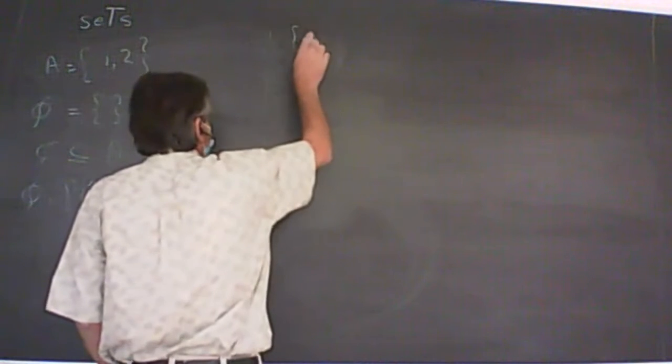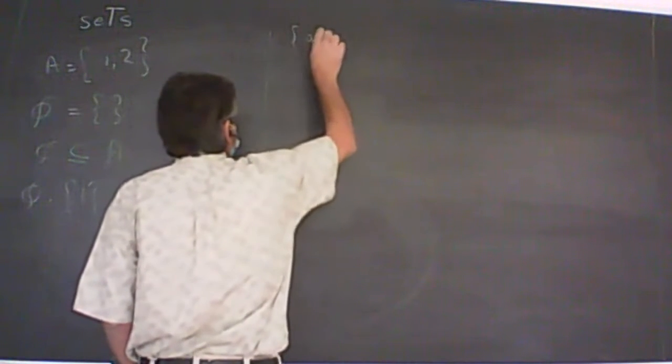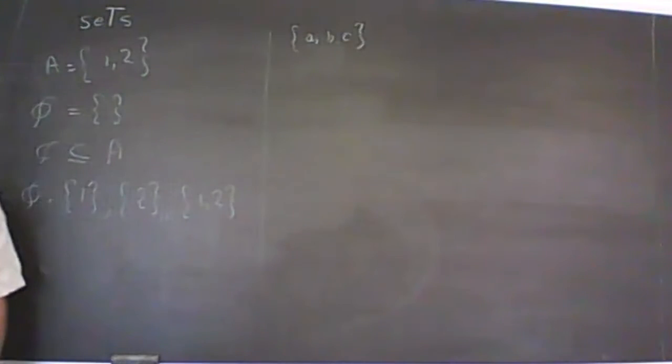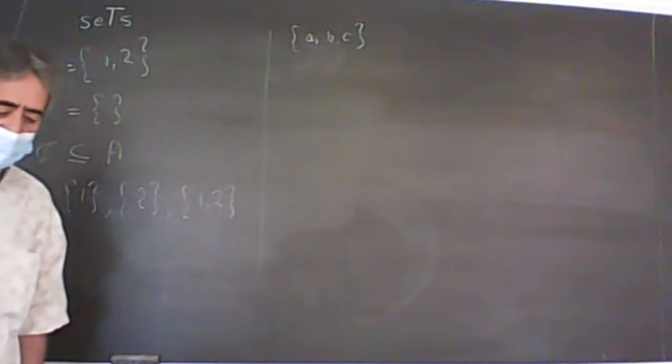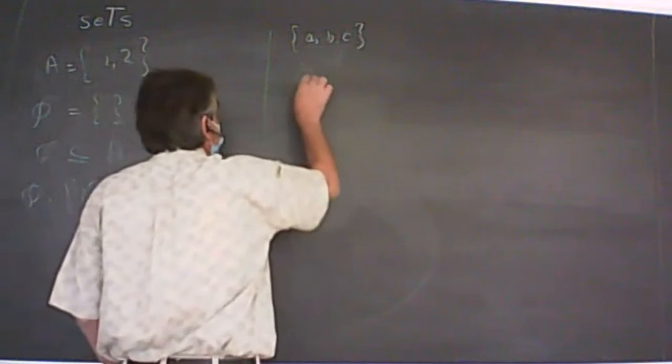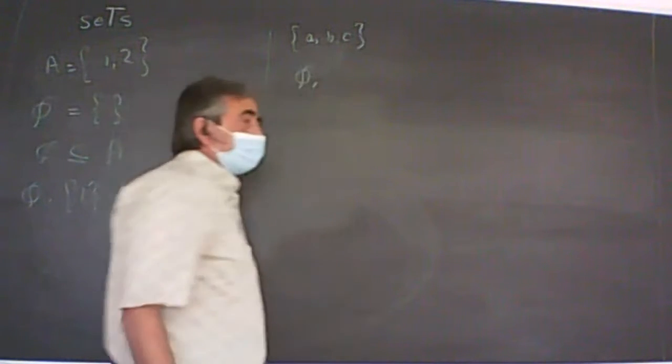Let's take a set A, B, C that contains 3 elements. So again, to make subsets, the first one is the empty set.